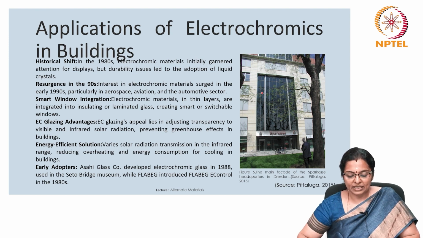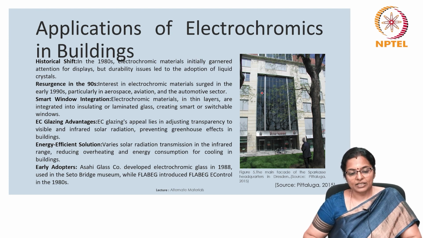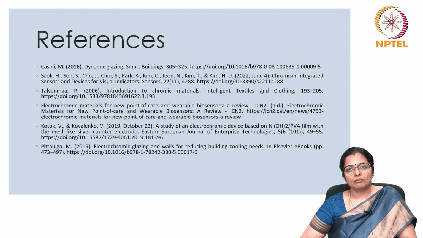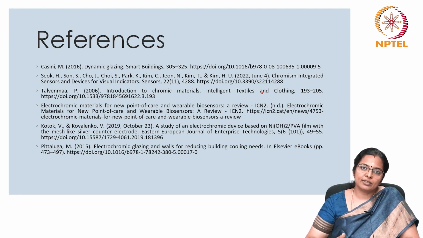There have been many early adopters, but a lot of research remains to be done in this area and domain, especially its application in the field of architecture. So, more research in this field will lead to wider applications in architecture. All of this would lead to energy efficient buildings.